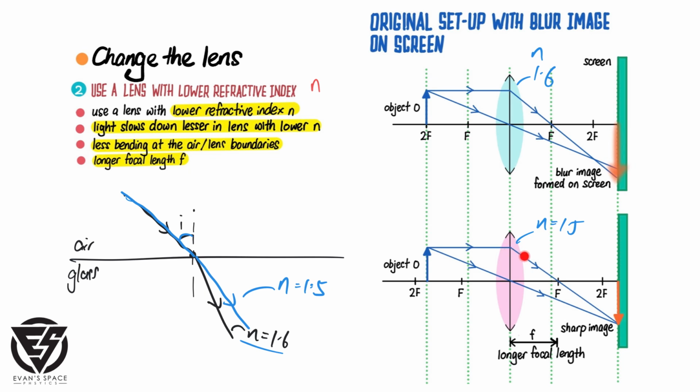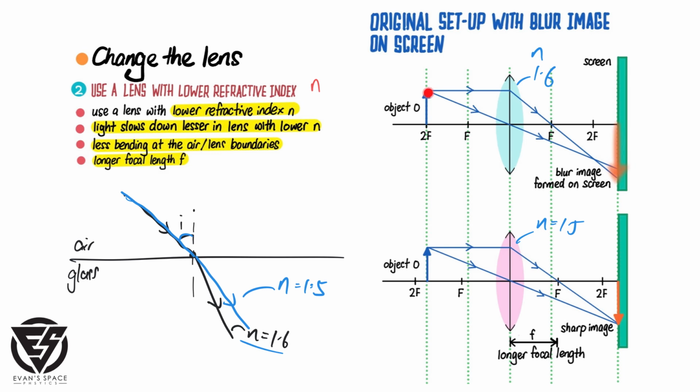So you will come further down. Just now the focal point will be here, because it bends here and cuts the principal axis, but now it will bend less. If it bends less, this intersection point will be further away from the lens. That's why it is able to form a sharp image on the screen.